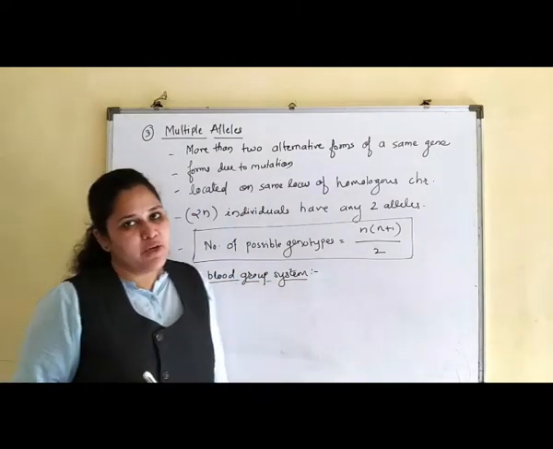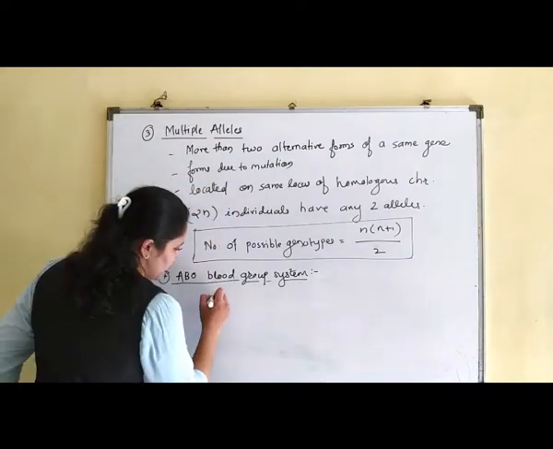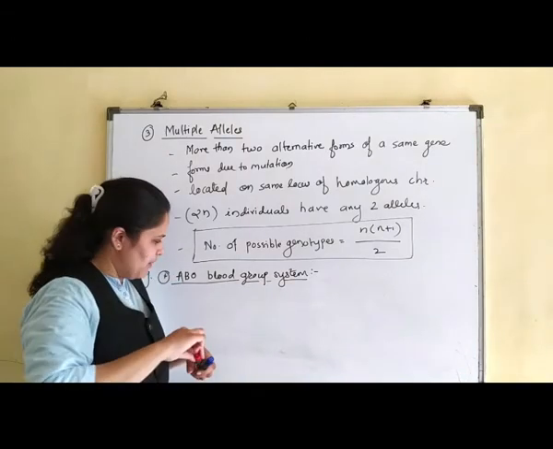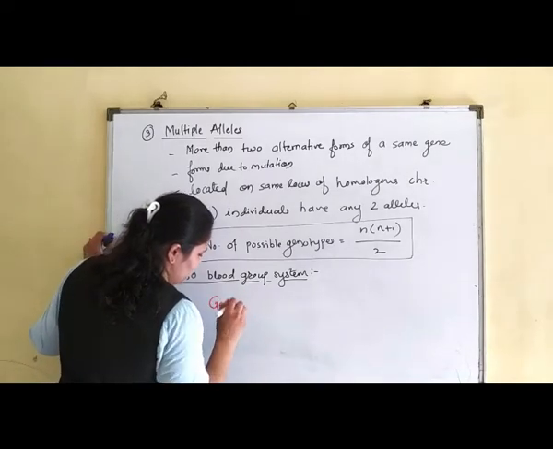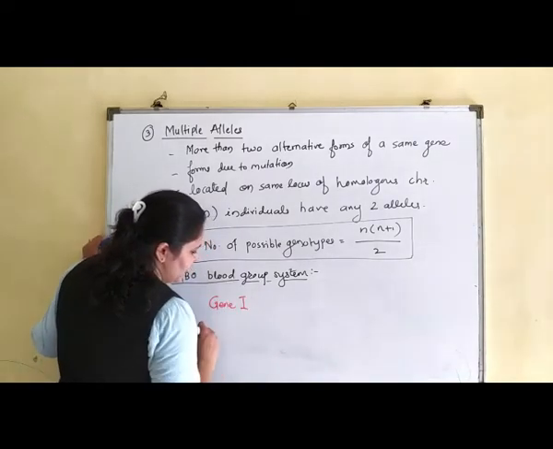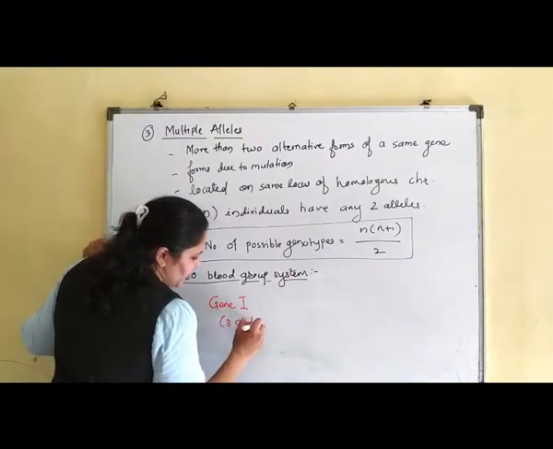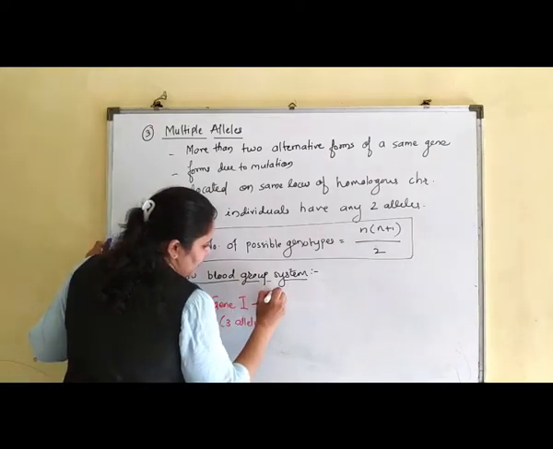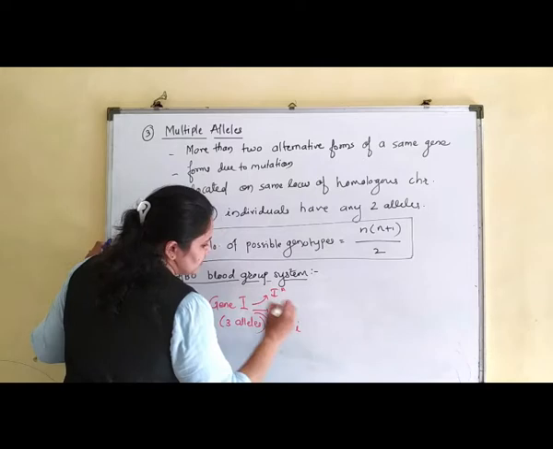In case of the ABO blood group system, we know that our blood group is determined by gene I. In humans or in animals, blood groups are determined by gene I. This gene I has 3 alleles in nature. Naturally there are 3 alleles: as I just explained, there is the IA allele, the IB allele, and the IO or small i.